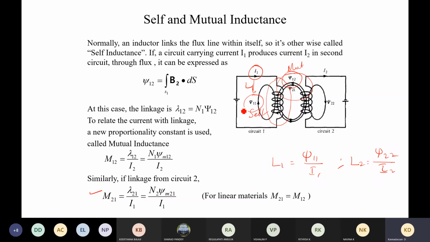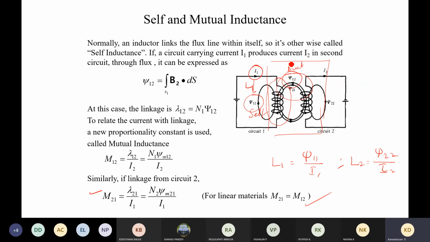If circuit one is the source, the loop currents are determined by circuit one, so that should be used, because it induces the magnetic field, and because of the induced magnetic field, I2 is produced. In the opposite direction it is also so, because the structure is completely reciprocal as well as symmetric, so the magnetic flux linkage from 1 to 2 and 2 to 1 should be the same.